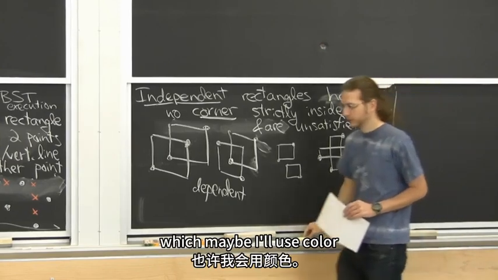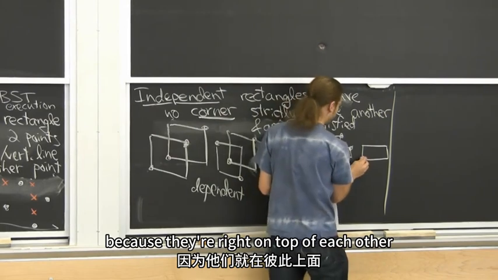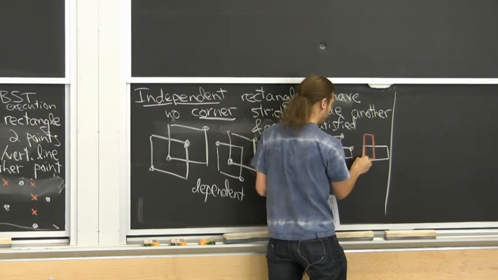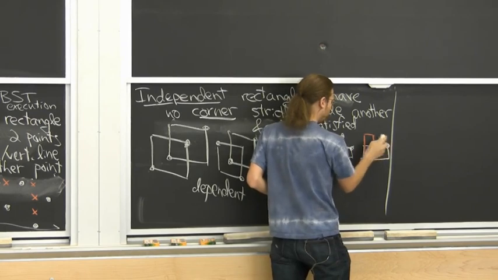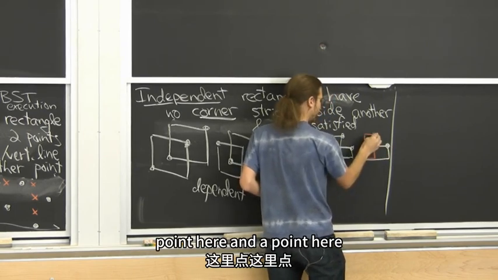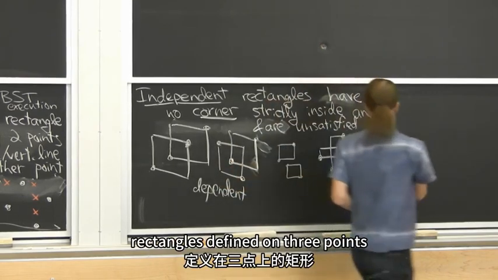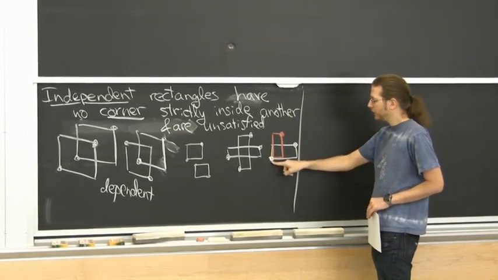And there's one other special case, which maybe I'll use color to draw because they're right on top of each other. So I've got a point here, and a point here. These are two rectangles defined on 3 points, so they both use this point.